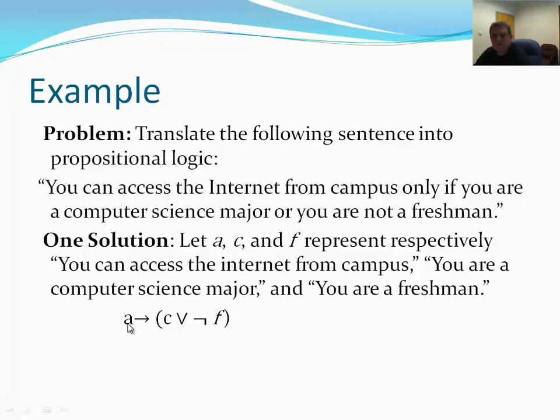So if A, then, you can access the internet from campus, then you are a computer science major or not a freshman, because we said you are a freshman would be F, or not a freshman.